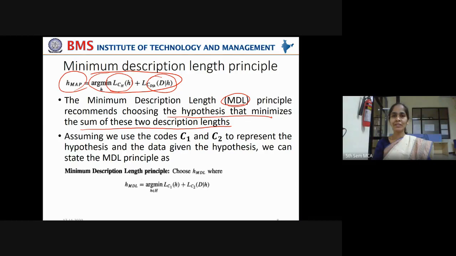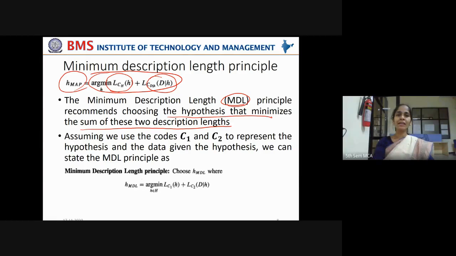Is it clear, students? The maximum a posteriori hypothesis, or the hypothesis that would have maximum likelihood, is nothing but the one which has the minimum description length, which is the simplest hypothesis. That would be preferred as your maximum a posteriori hypothesis.